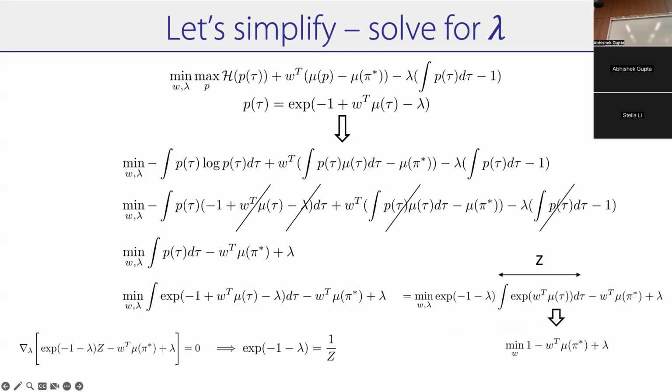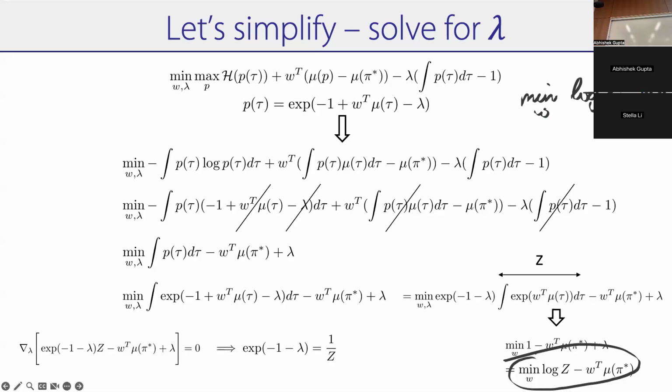The final result that you care about is that when you substitute everything back in, you're going to get an objective that looks kind of like this. You're going to have min W of log z minus W transpose mu.